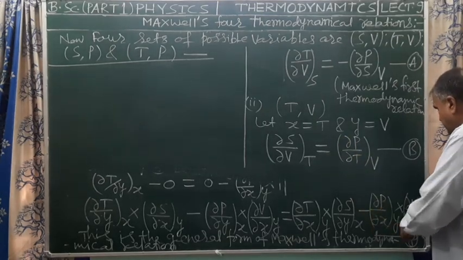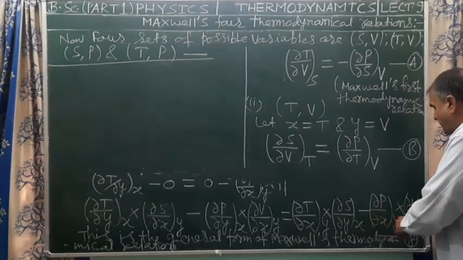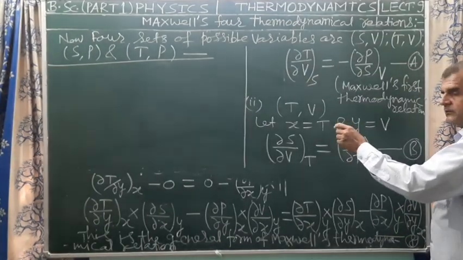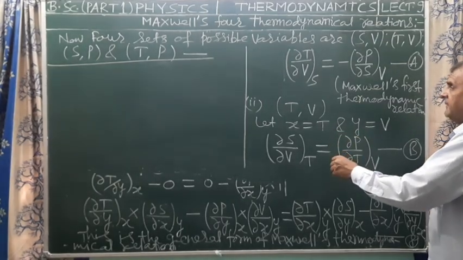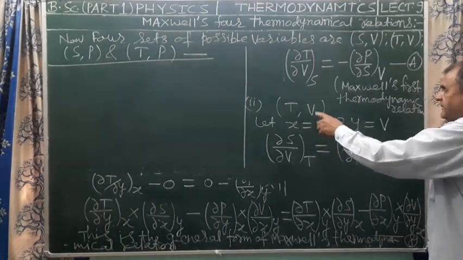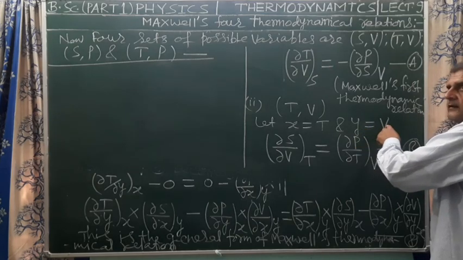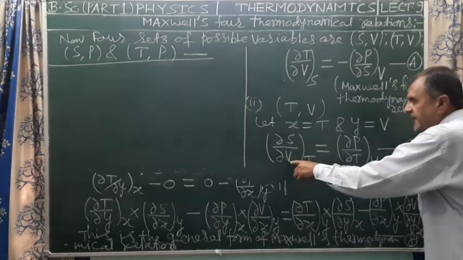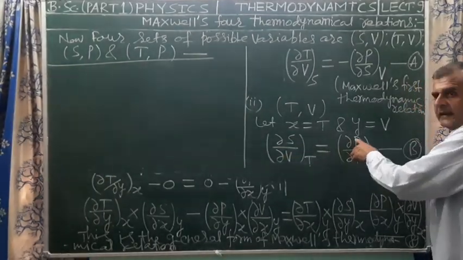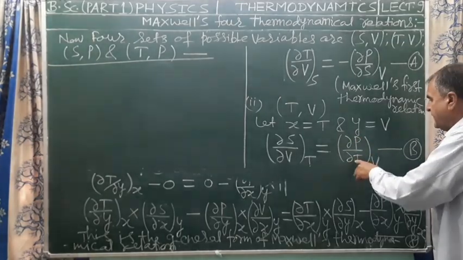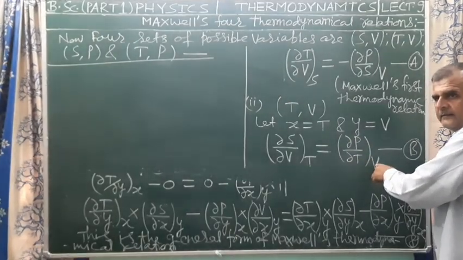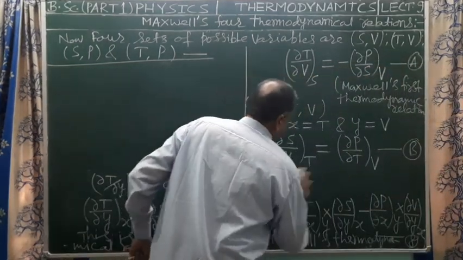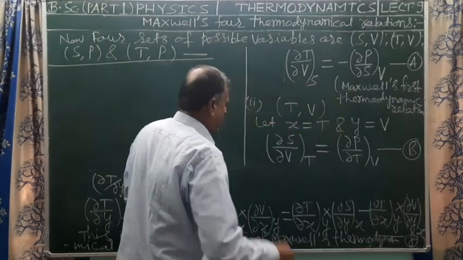which we can obtain from equation 8, the general form of the Maxwell thermodynamical relation, by using the set of two variables: first variable x equals temperature T, and in place of y we use the volume of the system. We obtain del S upon del V at constant temperature equals del P upon del T at constant volume, and this is Maxwell's second thermodynamical relation.